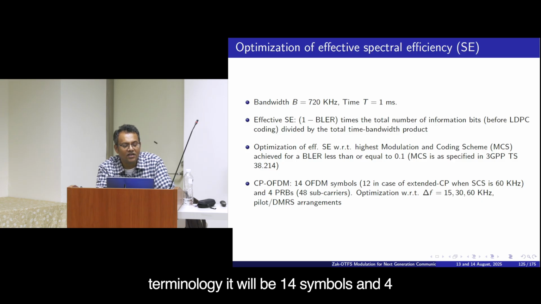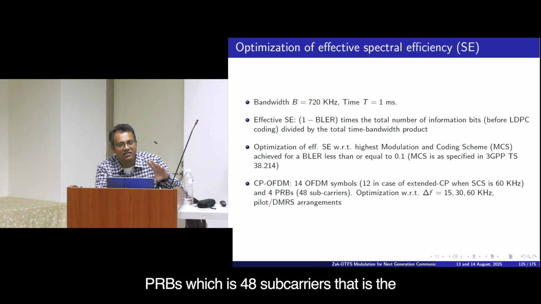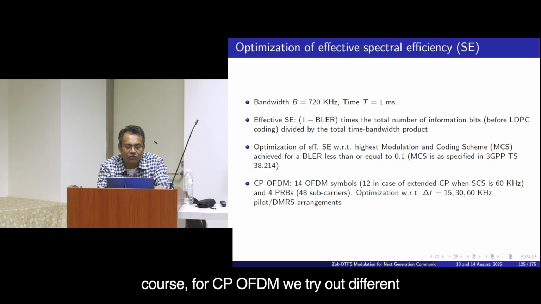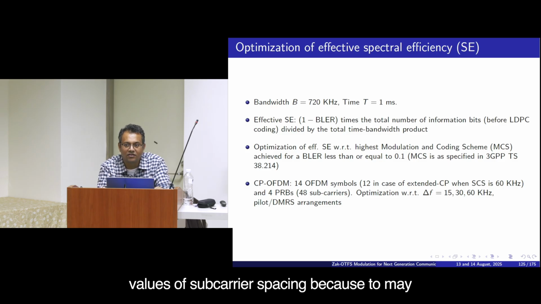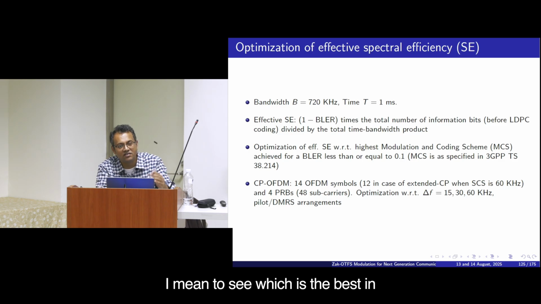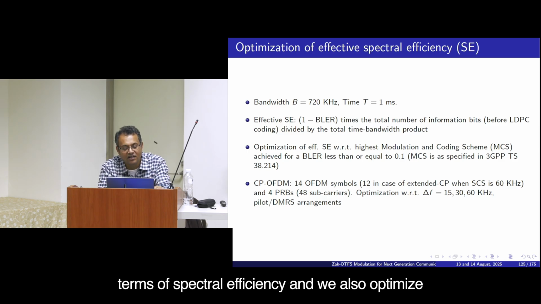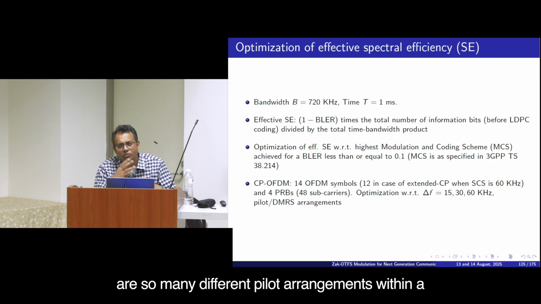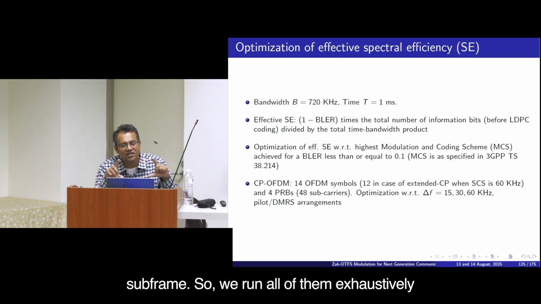So, in the OFDM terminology, it will be 14 symbols and 4 PRBs, which is 48 subcarriers. That is for CP-OFDM. And of course, for CP-OFDM, we try out different values of subcarrier spacing, to see which is the best in terms of spectral efficiency, and we also optimize with respect to the different pilot arrangements within a subframe.